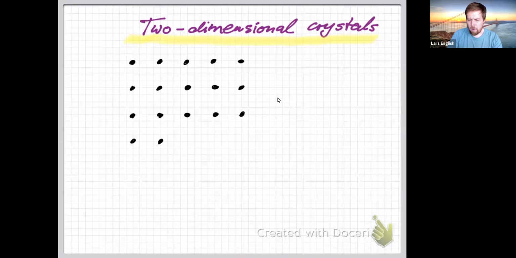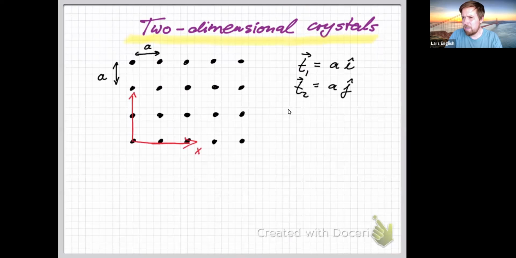So here is now a lattice, and it's a square lattice to start out with, very simple. And this would just keep going in all directions. I get this grid of points, and they're separated by a lattice constant A, both in the y direction as well as in the x direction.